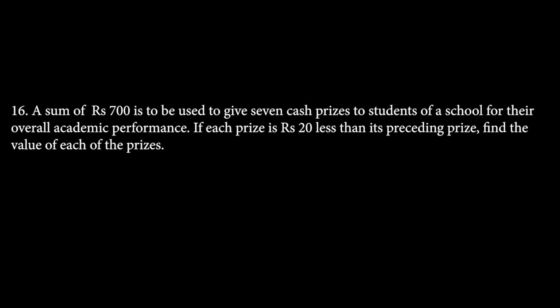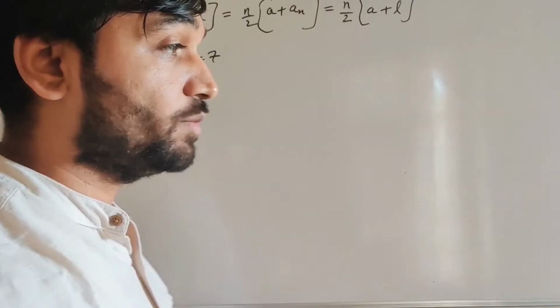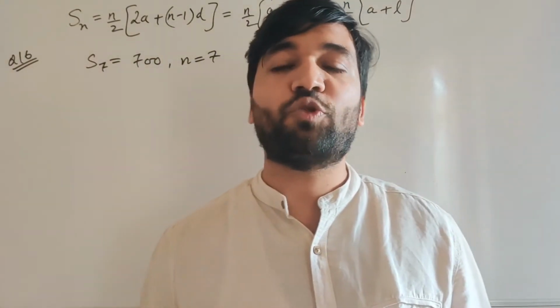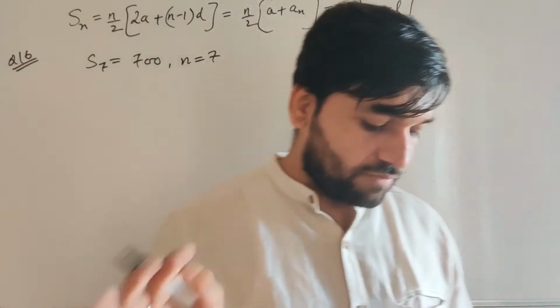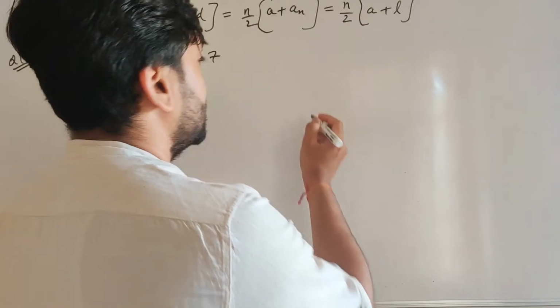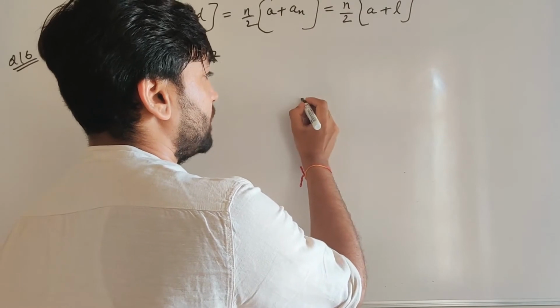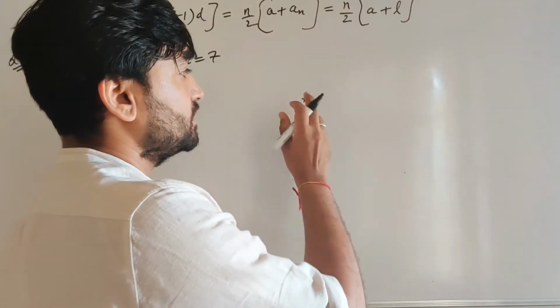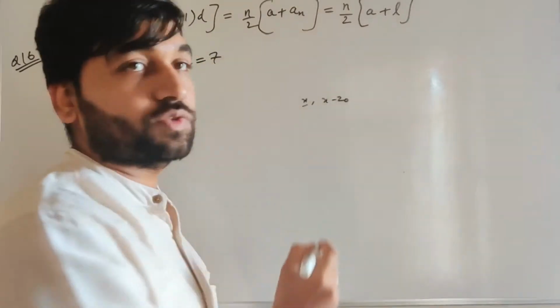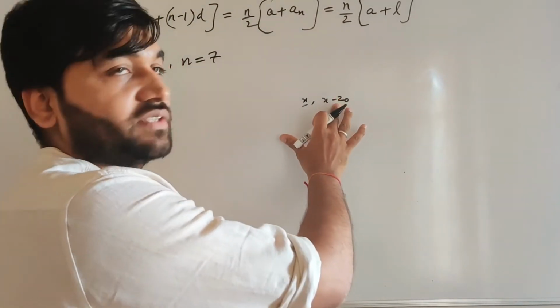Now, if each prize is 20 less than the preceding prize. It's very important to understand this statement, as we use it to find the common difference value d. Let's say this is some prize x. The next prize is 20 lesser than this, which means it becomes x minus 20. The next one will again be x minus 20 minus 20.